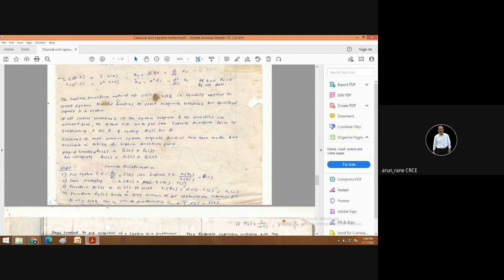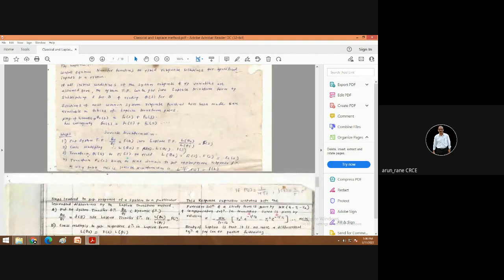So the Laplace transform method of solving linear differential equations is applied to a control system transfer function to yield the response solution for specified inputs to a system. So how to do that? These are the steps.